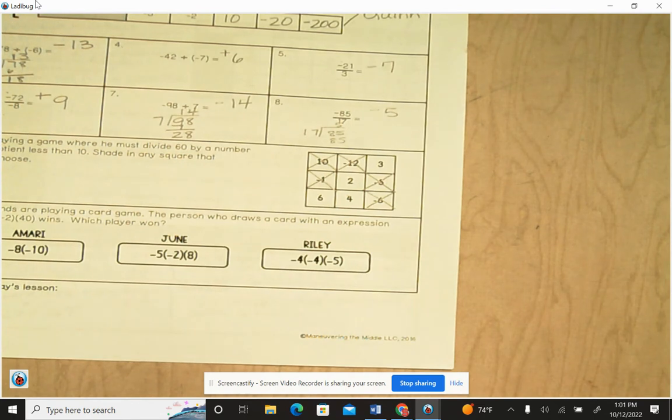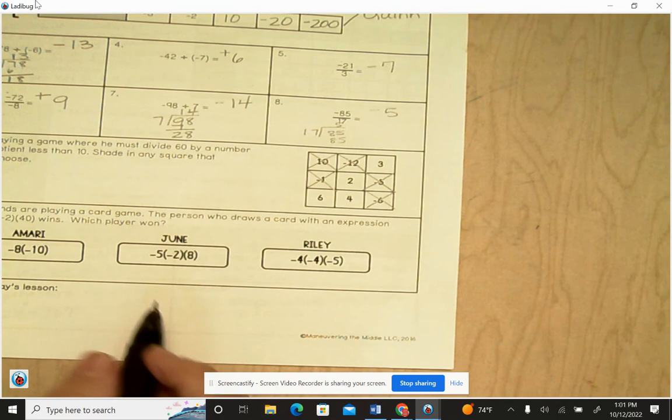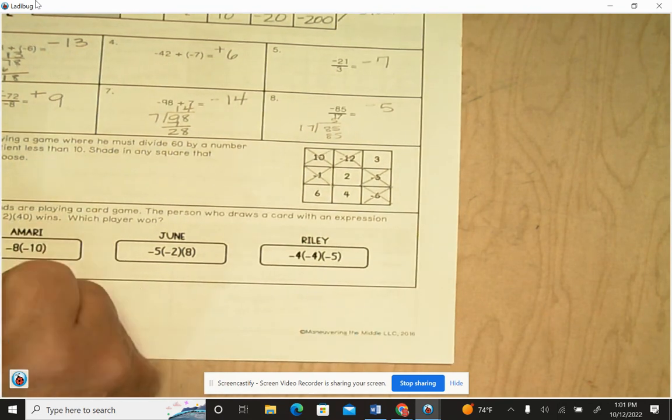Number 10, 3 friends are playing a card game. The person who draws a card with an expression equivalent to -2 times 40 wins. Which player won? So -2 times 40 is -80. Mari's got -8 times -10, which is 80.